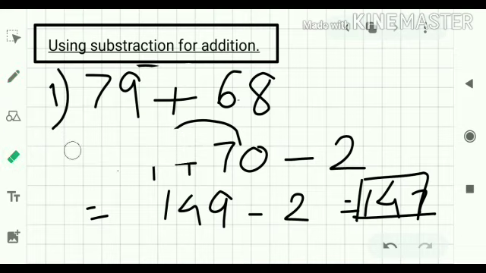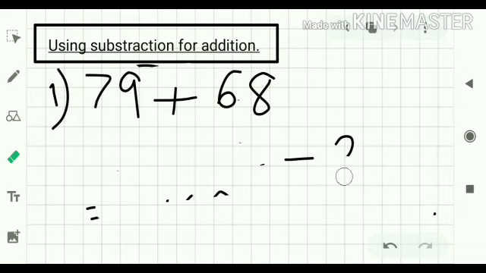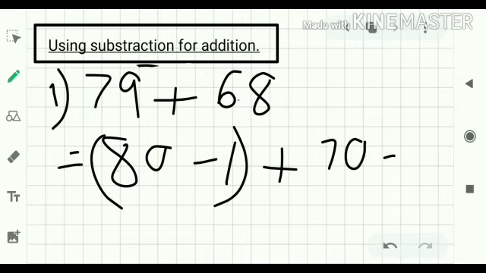Now another case of this sum only. Further, a very good, more simplified version of this sum could be like this. It could be 80 minus 1 plus, for 68, 70 minus 2.